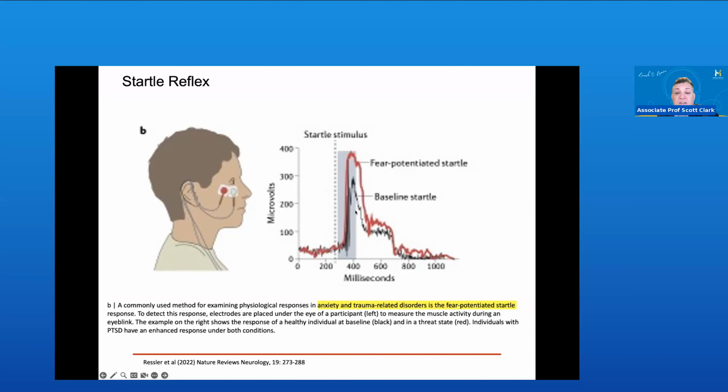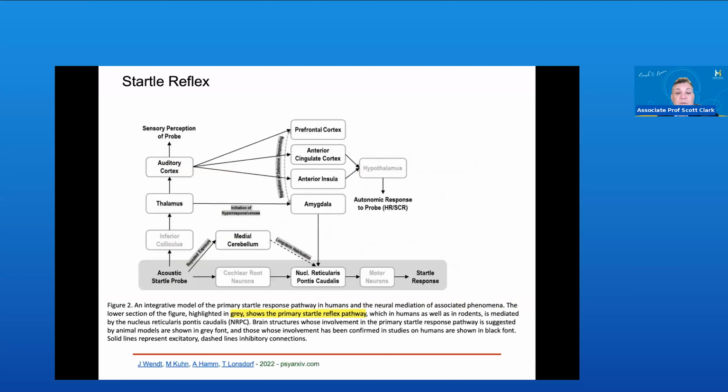And in anxiety disorders, you can see that the fear startle response is potentiated to the startle stimulus. The circuitry underlying this startle response is actually quite complex, but the grey area down the bottom shows the brain regions that this operates through. But there are inputs from the cerebellum and the cortex that regulate other responses. So there are a number of brain regions involved.